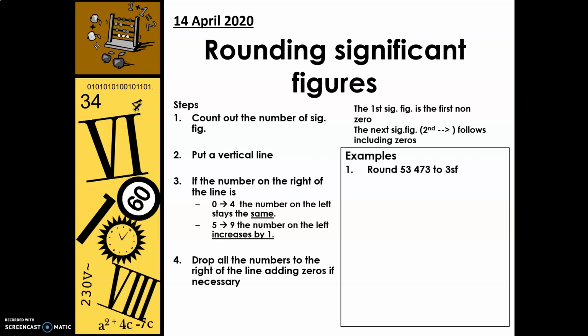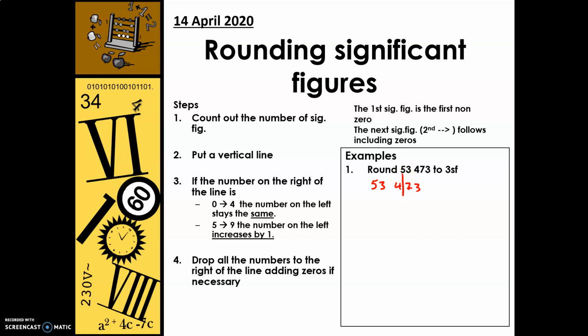So we've got a number here, 53,473. Same procedure as before, so it's 5, 3, 4, 7, 3. We put a line after the third significant figure. So in this number, 5 is the first, 3 is the second, 4 is the third.